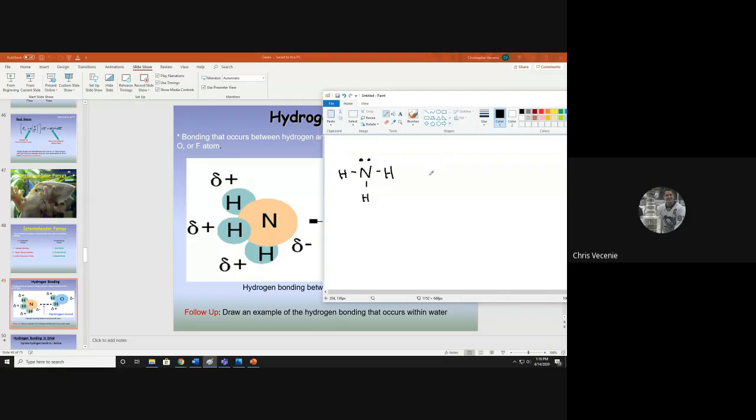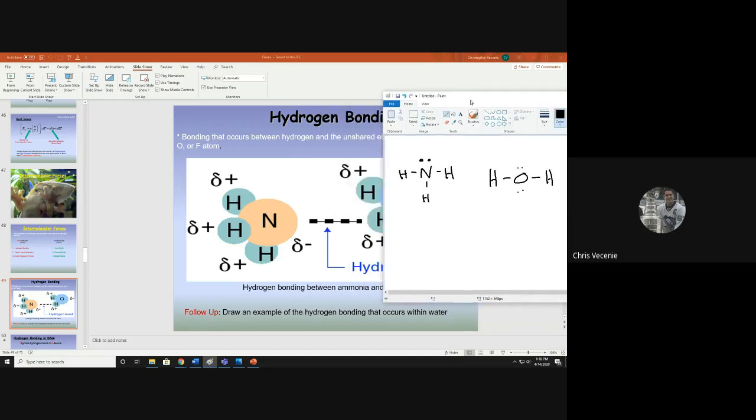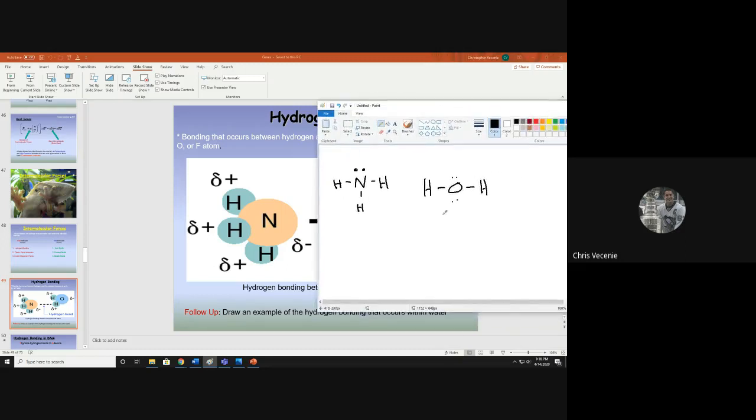When that gets near a water molecule, which has an H connected to an O, connected to an H, and unshared pairs there and there, what we're talking about is the hydrogen of one of them being attracted to the unshared electron pair on the next molecule.